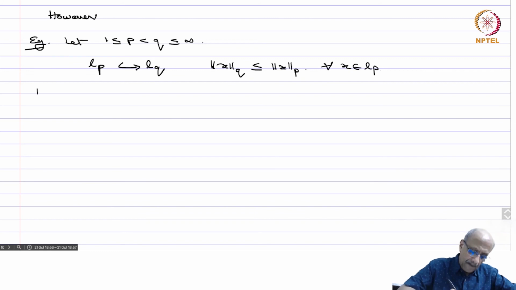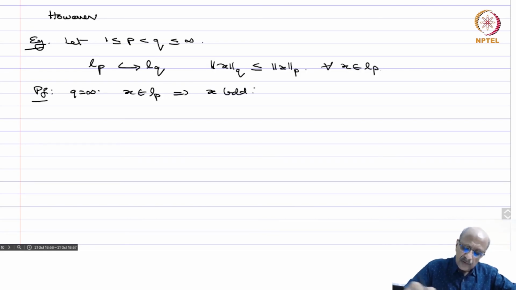Okay, proof. Let us take q equals infinity. So x in lp implies x is bounded, because sigma mod xi power p is convergent. That means for a convergent series the terms are all bounded, and therefore x belongs to l infinity.